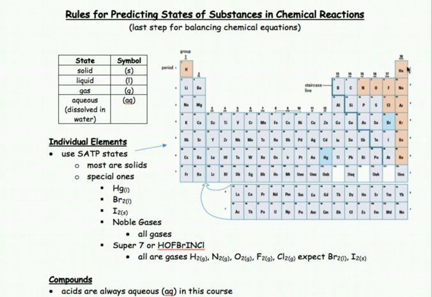So make sure that if you've forgotten, you get those memorized, so that when you're writing chemical reaction equations today, you write gas for those. Metals, you write just solid, and whenever you see mercury or bromine, you write liquid.